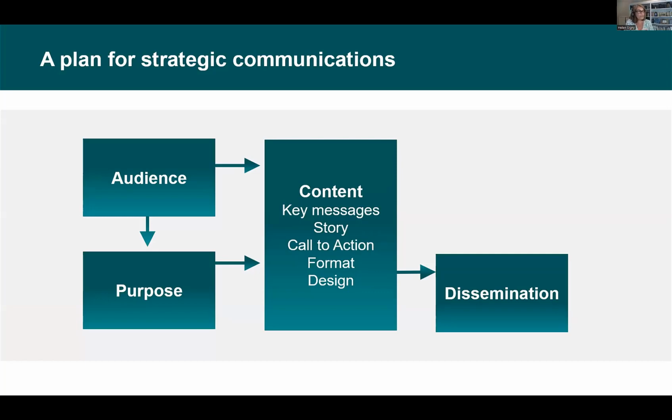It might be a really small, bespoke, single communication about a research paper or a project. The essential elements are to first think about your audience, number 1, think about the purpose of why you want this communication to go to them. Then you think about the key messages and the content, and then you think about how you're going to get it to them.